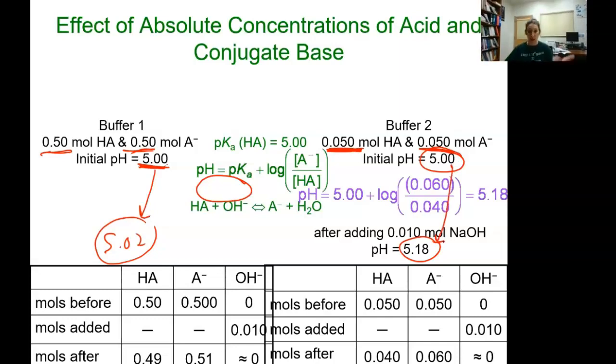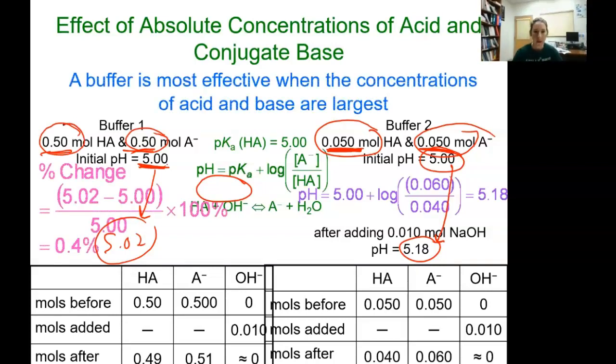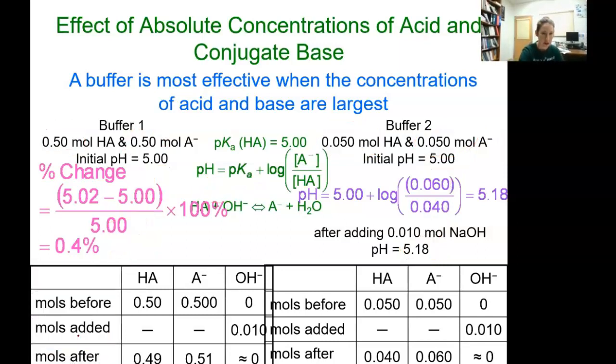So the first example I just showed you was varying very different concentrations of the actual acid and its conjugate. The second one I showed you is dilute versus more concentrated conjugate and acid. So if we look at the percent change here, the first one only changed by 0.04%.